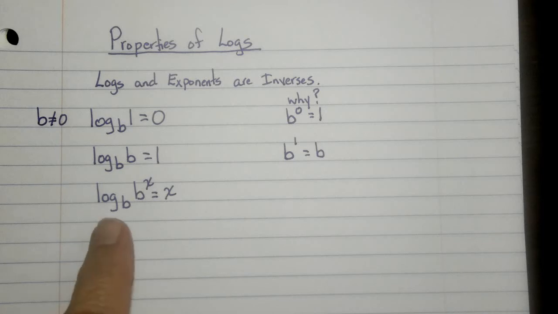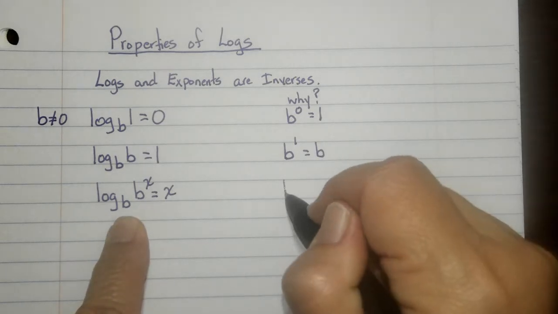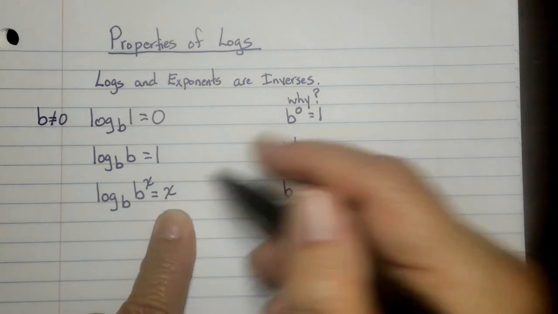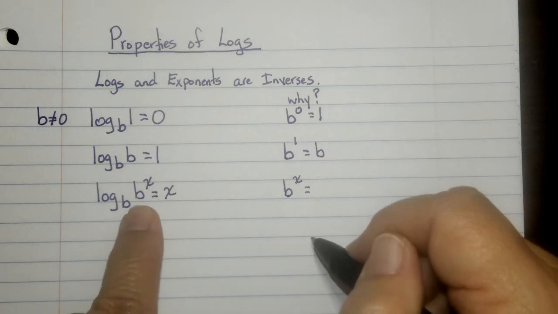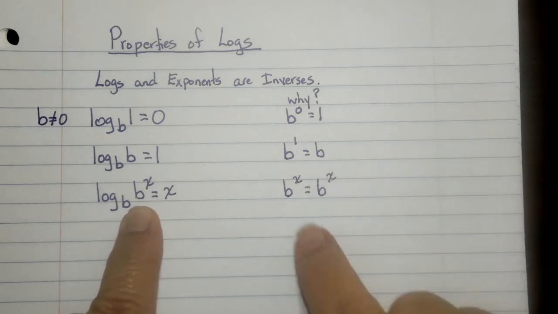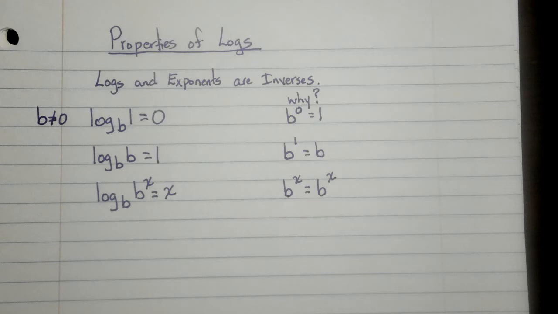So let's rewrite this guy as an exponential. The base is the base, so b to the x power, this x from over here, equals this argument in the logarithm, b to the x. Well, yes, of course, we know any value is equal to itself. That's obvious, right?